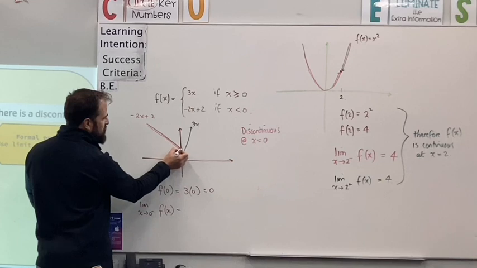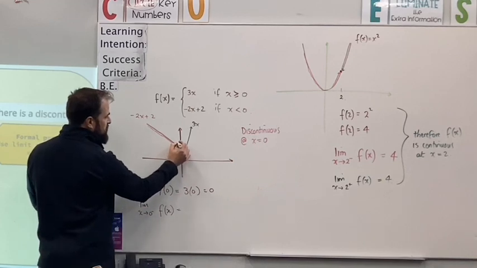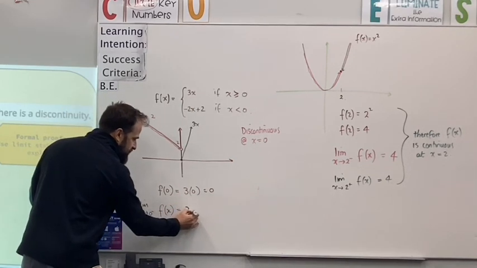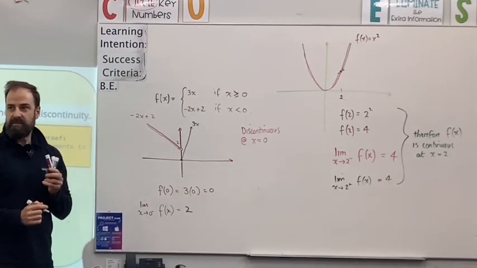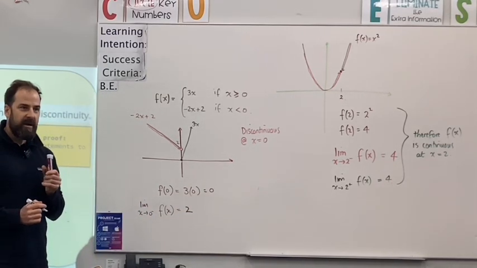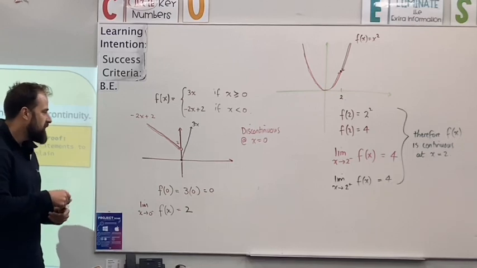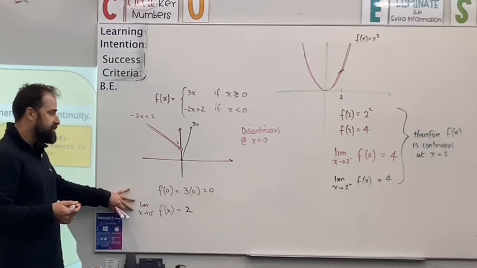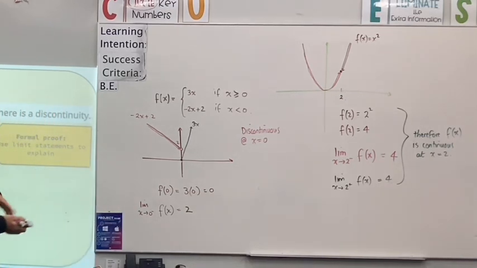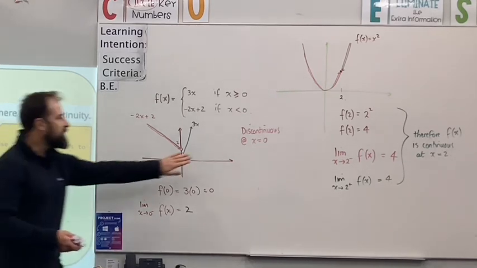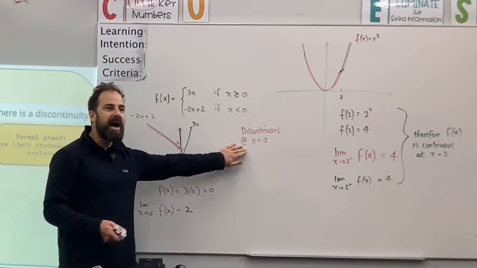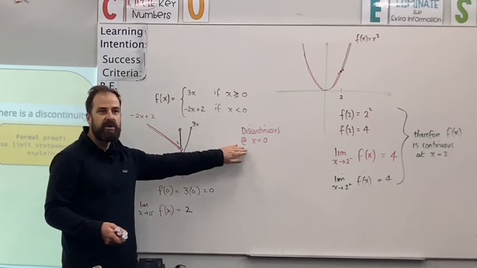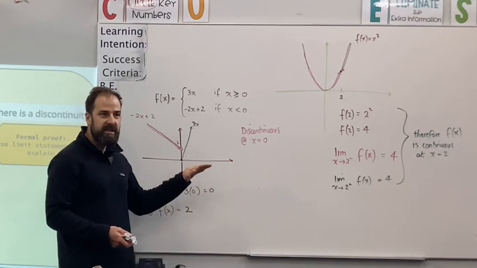What value does it get to there? 2, because that was the y-intercept. Okay? Now I'm formally proving that it's not continuous. I am doing a formal proof and using limit statements to explain why it's not continuous. We know it's not continuous, but you won't get full marks if you just write discontinuous at this value. You need to show why it's not continuous. Okay?